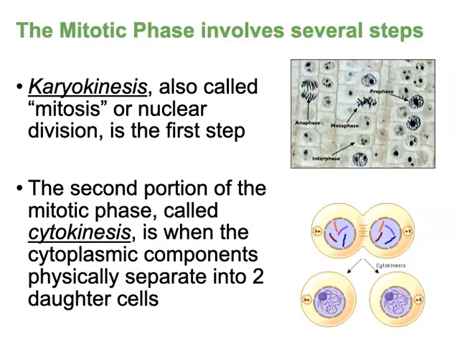Now, karyokinesis is also called mitosis, or the first step. And what's going to happen, of course, is these are the individual stages where we're going to pull the genetic material apart. You're going to see how that happens in a minute. And then in the end, the cytokinesis piece is when you actually split that one cell into two completely distinct cells here.